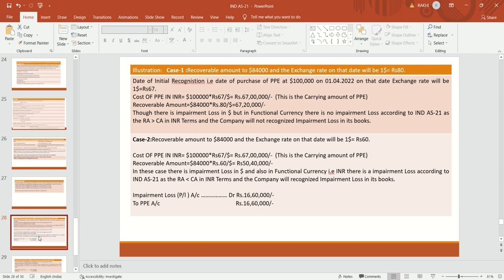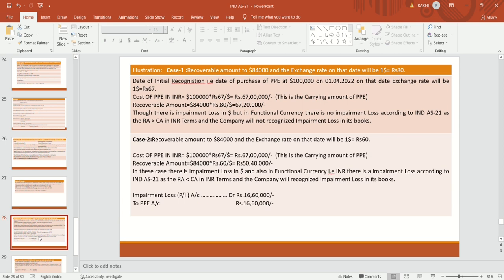And step 2 is the recoverable amount. The company has done impairment testing and the asset is impaired, because in dollar terms the cost of PPE is 1 lakh, but it is reduced after impairment to 84,000.